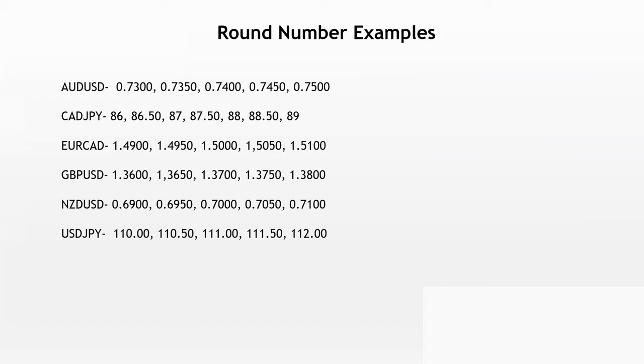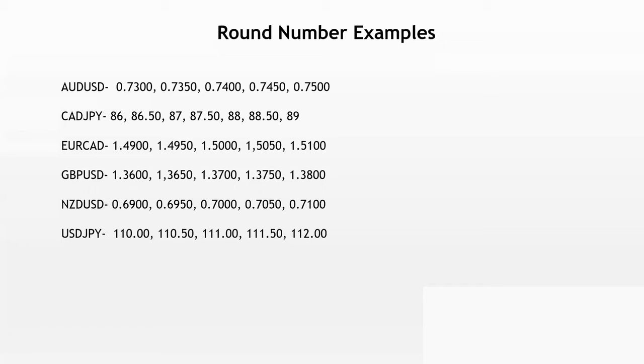CAD yen, 86, 86.50, 87, 87.5. Euro CAD, 149, 149.50. You get the drift, guys. Look at the screen, you can see that all these numbers here go up in 50 pip intervals. Okay, easy as that.